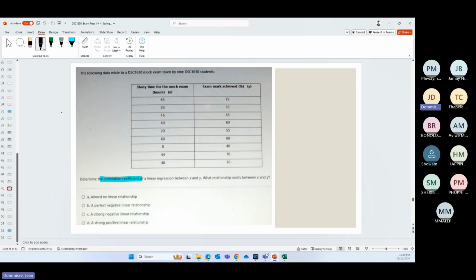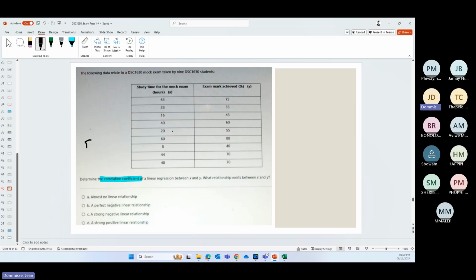Okay, so what they are asking us here is, we will need to work out the R, because that is our correlation coefficient. So again, I am going to show you on Excel how to do it. But let's just look at certain things.